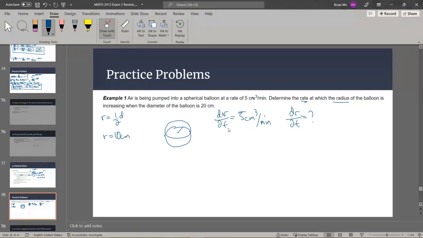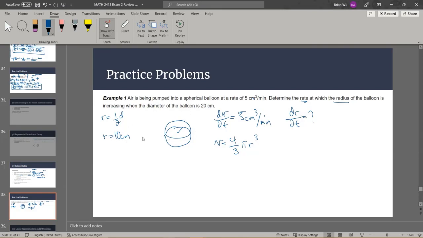The volume of a sphere is 4 over 3 pi times r cubed. Let's see, we know that our radius is what's changing.